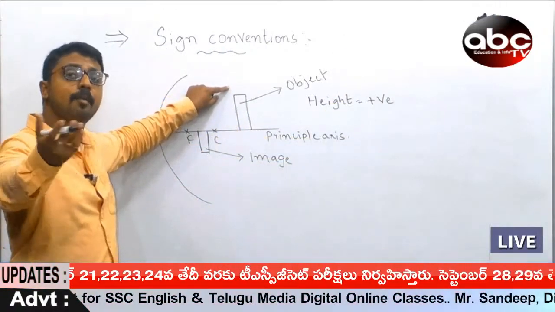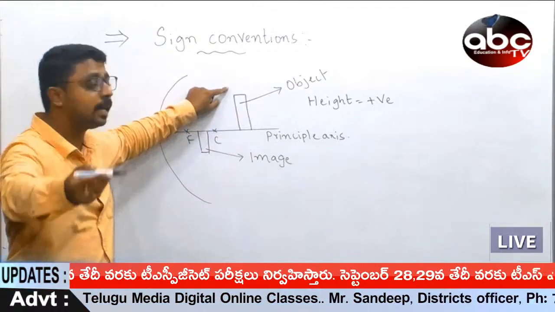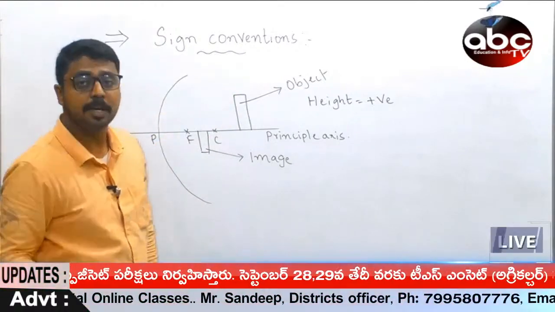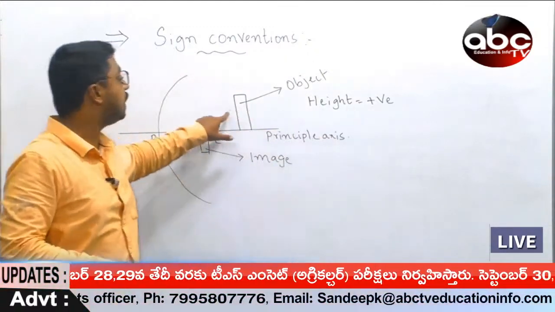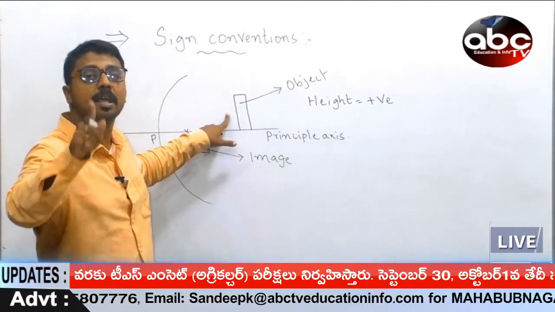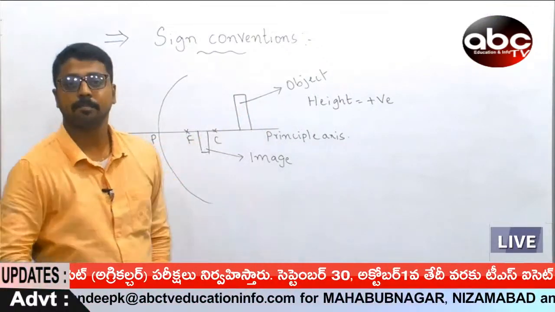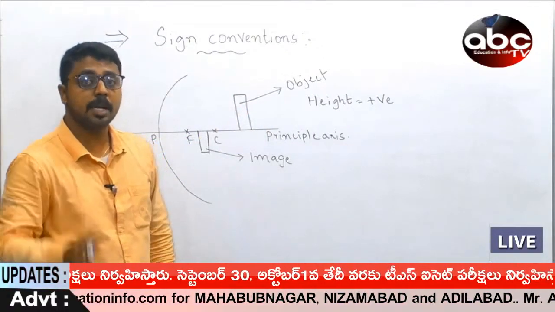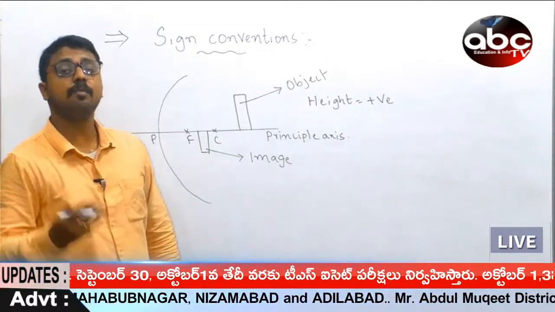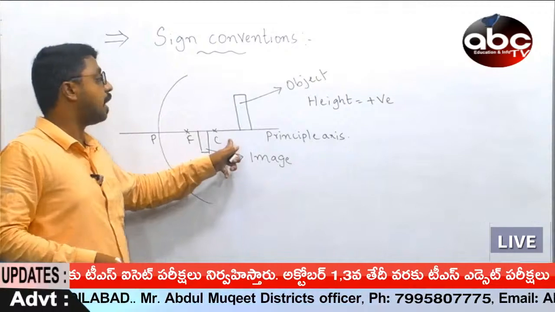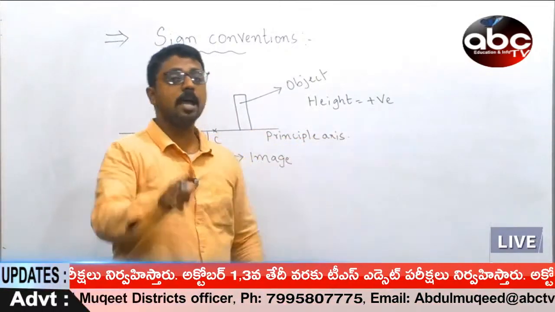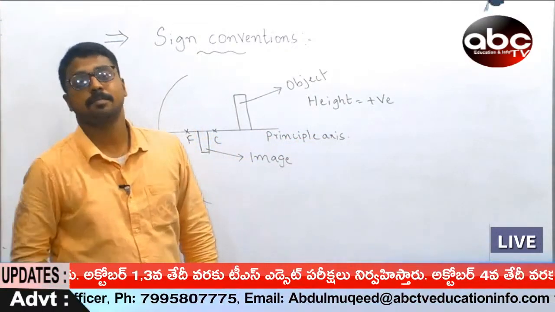It might be 4, it might be 5, it might be 10, or it might be 1 centimeter. But the positive sign must be mentioned before noting the height of this object. It's not only for an object, it's for an image also. If an image is formed above the principal axis, automatically the height is taken as positive.